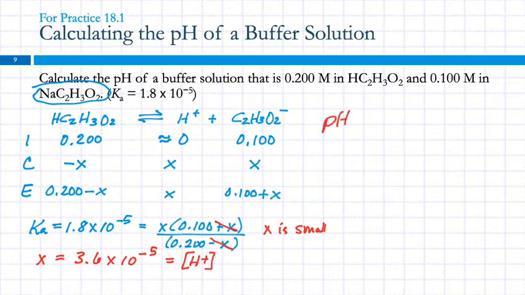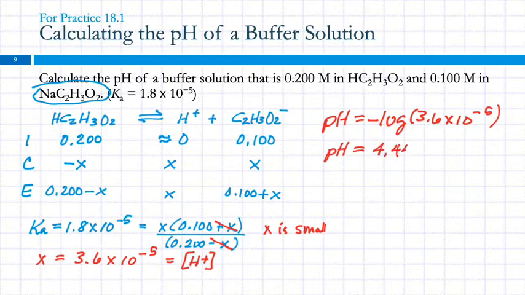So pH is the negative log of the hydrogen ion concentration, 3.6 times 10 to the minus 5. pH is 4.44. Any questions?